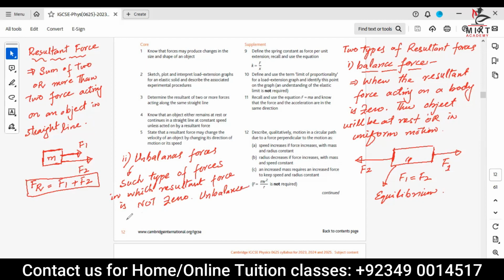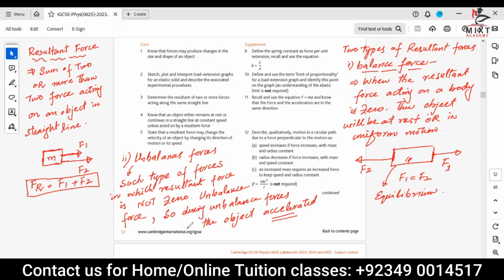During unbalanced forces, the object is accelerated. So the main thing is that the object is accelerated.